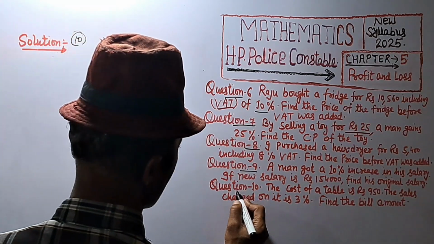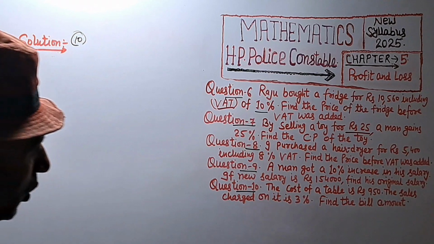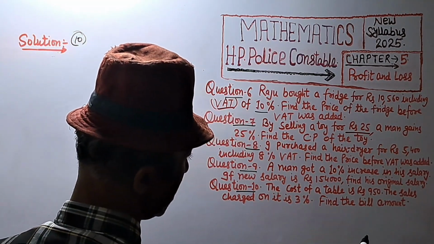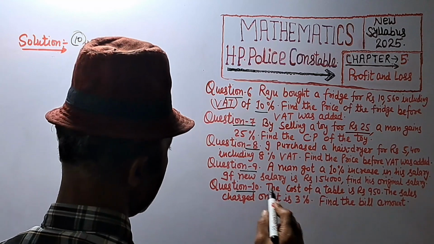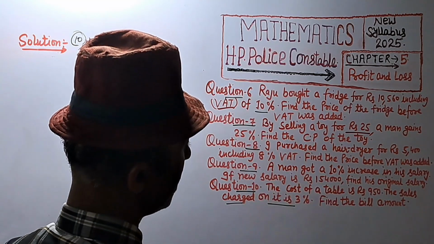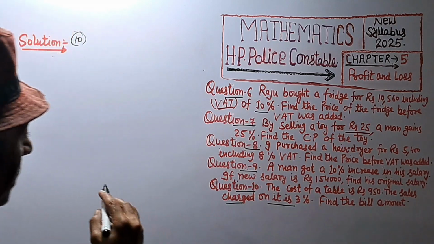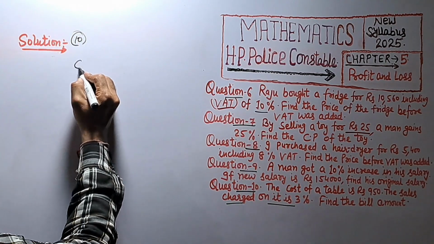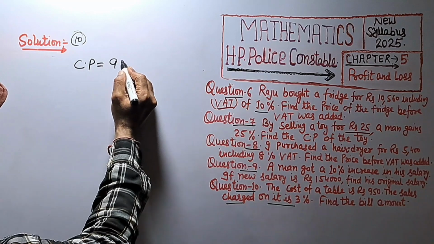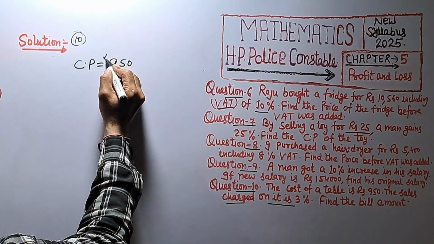Answer. Question number 10. The cost of a table is rupees 950. The sales charge on it is 3%. Find the bill amount. Cost price is equal to 950 rupees.